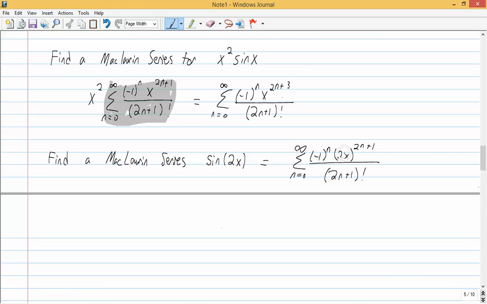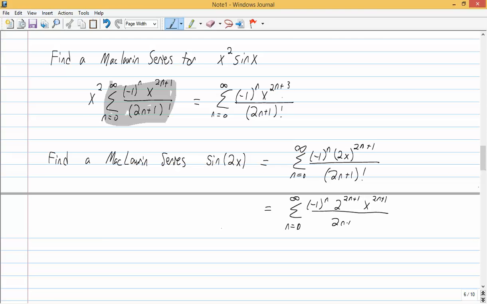Now you could split this thing right here up because it's 2 to the 2n plus 1 power and it's x to the 2n plus 1 power. So it could be written like this. So it's 2 to the 2n plus 1, x to the 2n plus 1.